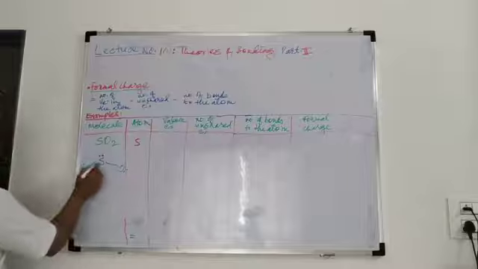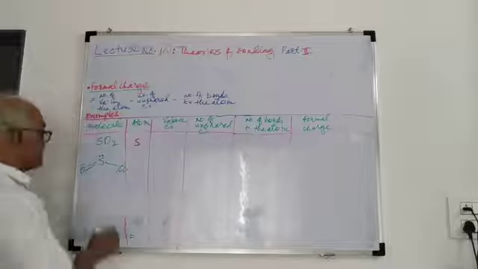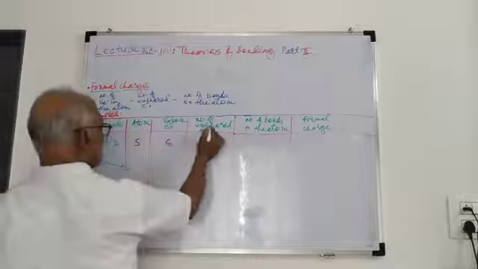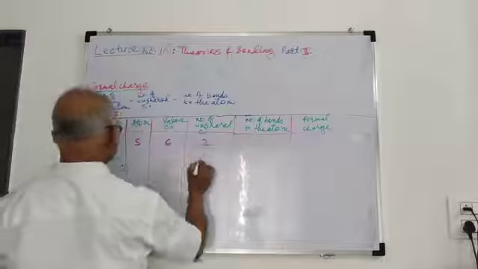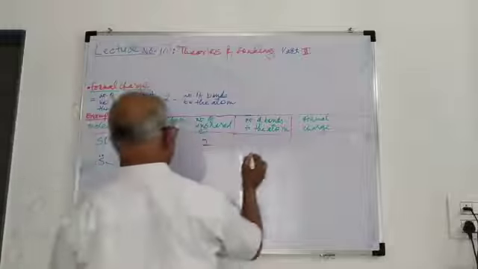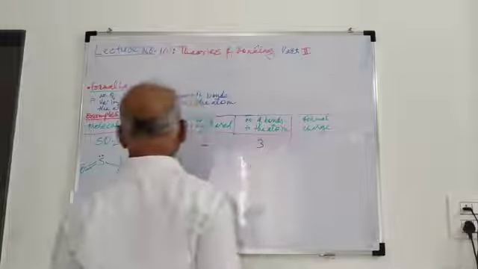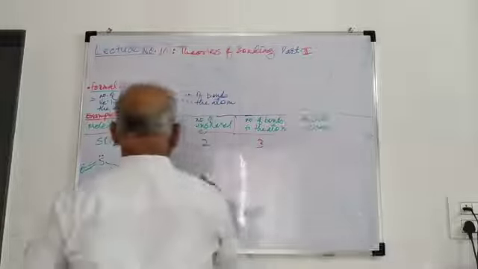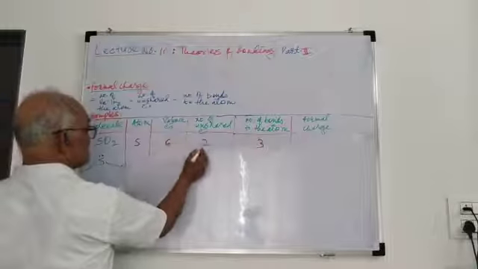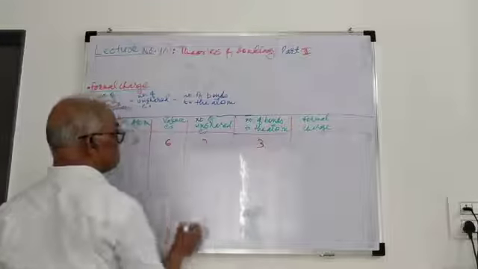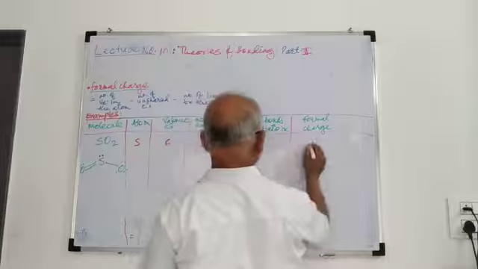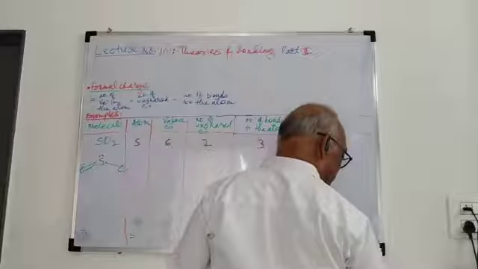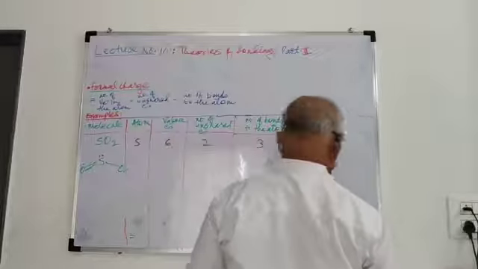So this sulfur has 6 valence electrons. The number of unshared electrons is 2. The number of bonds is 3. So you can see that 6 minus 2 means 4, minus 3 means 1. So that is plus 1.